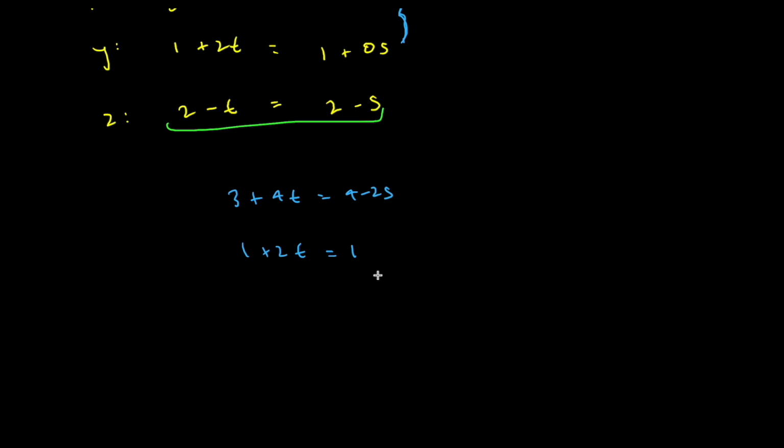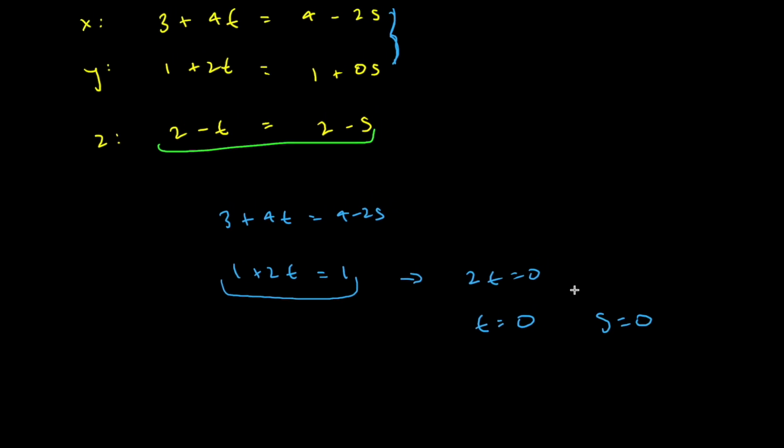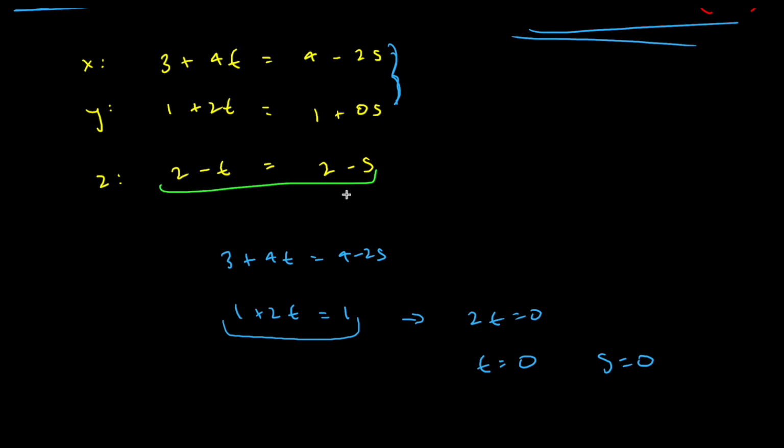So I can look at this second equation. This one's looking pretty good. And this can turn into 2t is equal to 0. So t is equal to 0. This means that s is also equal to 0.